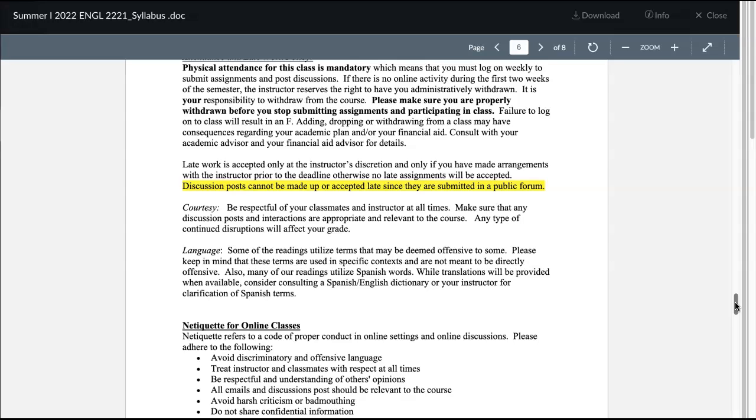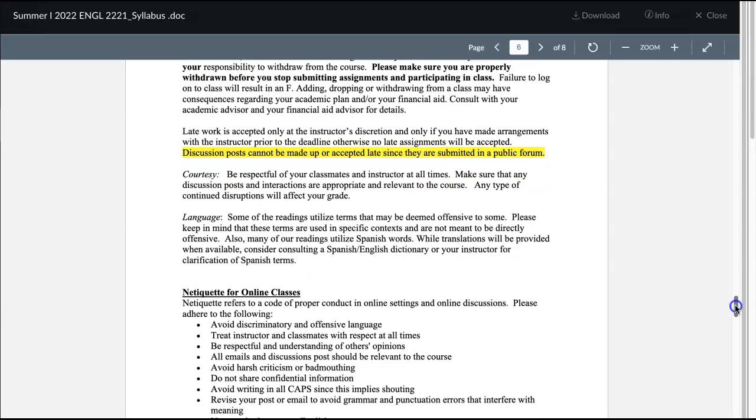So it's important that we're open-minded and respectful of people's opinions. Of course, just make sure that your language is not hateful or racist or derogatory or anything like that. Please make sure that you express your opinion in a respectful manner.